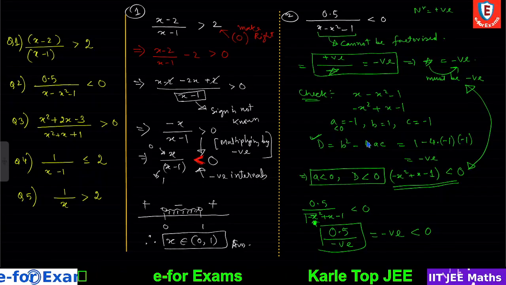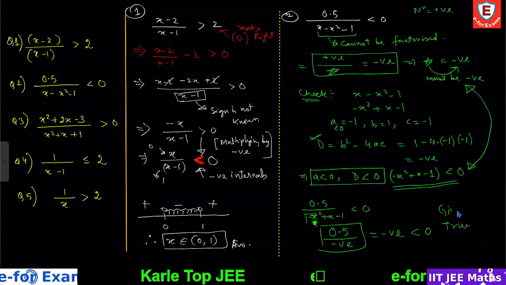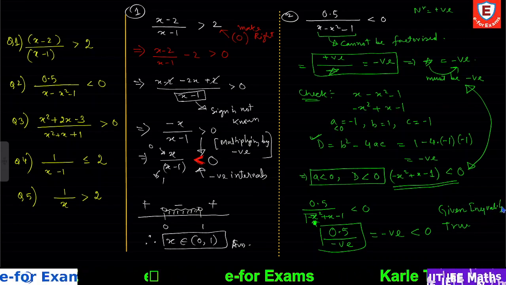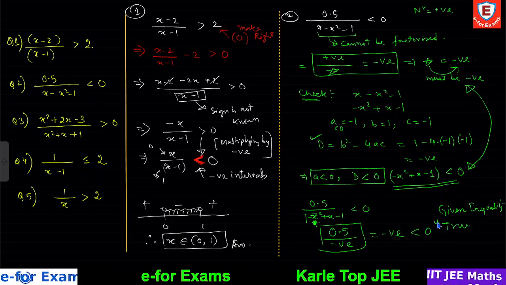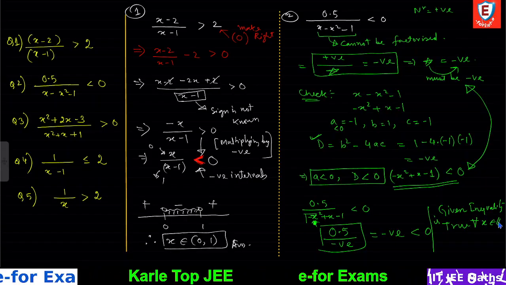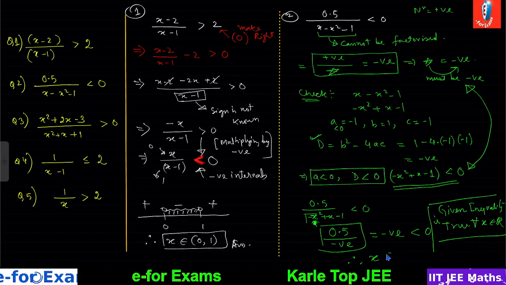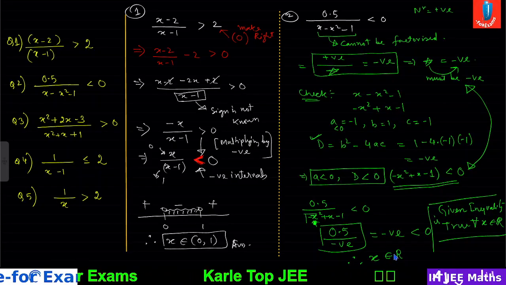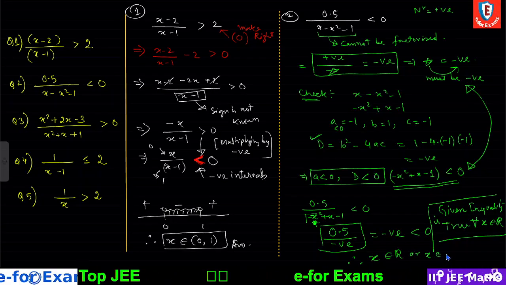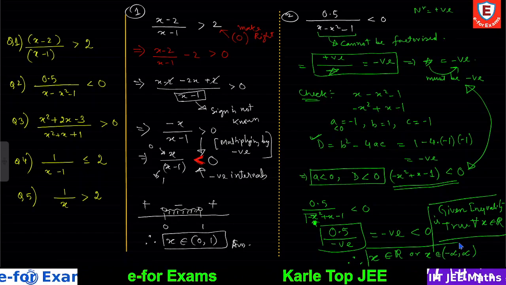That means the given inequality is true for all x belongs to R. Therefore x belongs to R, or we can write x belongs to minus infinity to infinity. Okay, this is the solution.